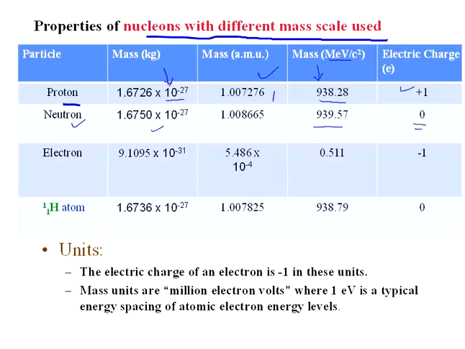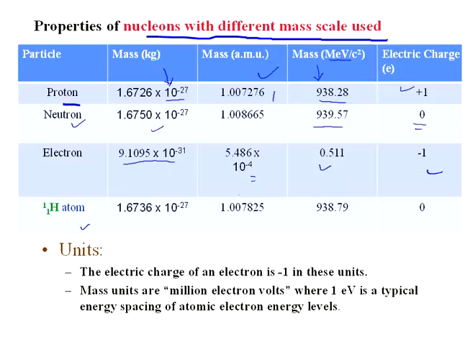Similarly for the electron, the mass is of the order of 10^-31 kg, and in atomic mass unit 5.486 × 10^-4, and this is 0.51 mega electron volt, and the charge is -1. Then the hydrogen atom, and its mass in kilogram, atomic mass unit and mega electron volt.